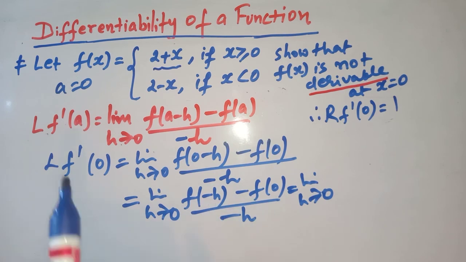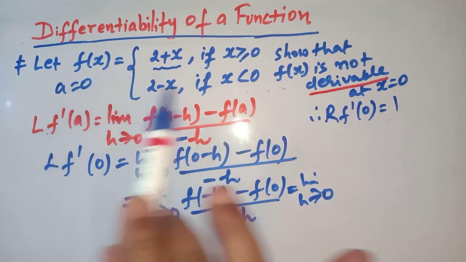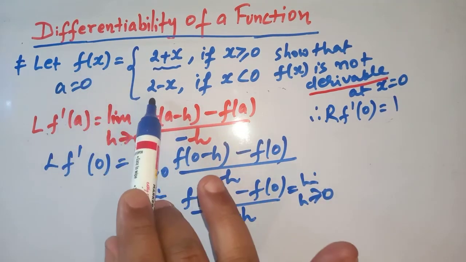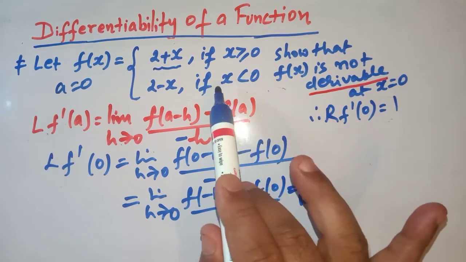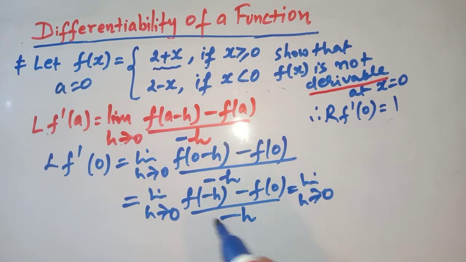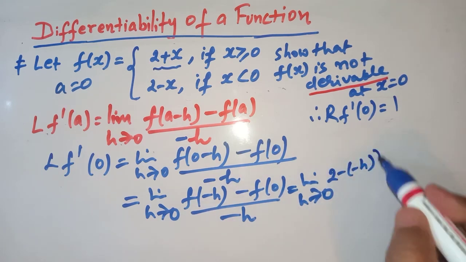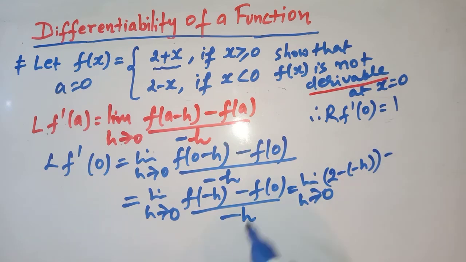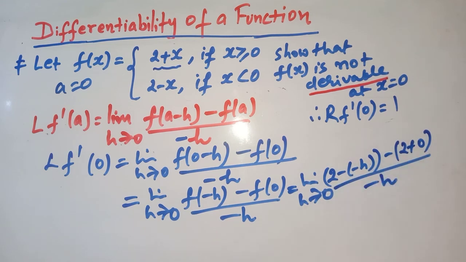So this is limit h tends to 0, f(-h). Since we are calculating the left hand derivative, we must take the function f(x) as 2 - x, because these are the values of x which are less than 0. So here f(-h) is 2 - (-h), and minus f(0) is obtained from here, we have 2 + 0, over minus h.